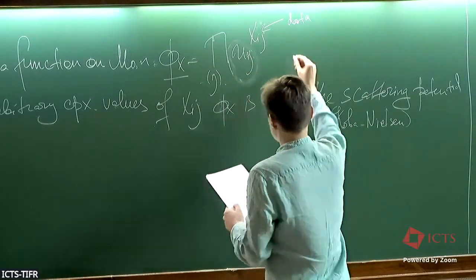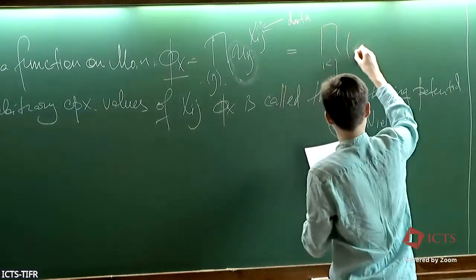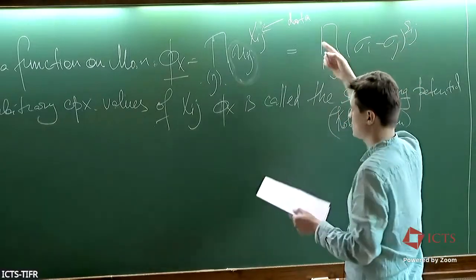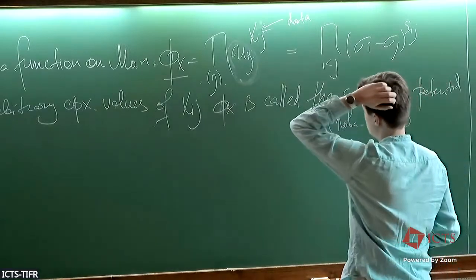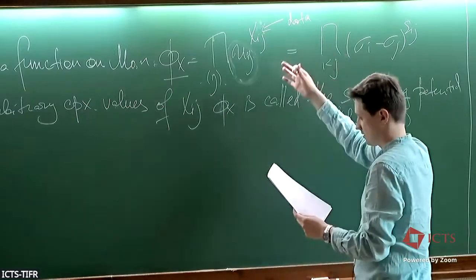And then you can, of course, rewrite this function in Mandelstam variables, and it will look like this. Again, this is straightforward. You know how the u_ij's are connected to the sigma_i's and sigma_j's, and you know how the x_ij's are connected to the Mandelstam variables. So one can check that this holds.